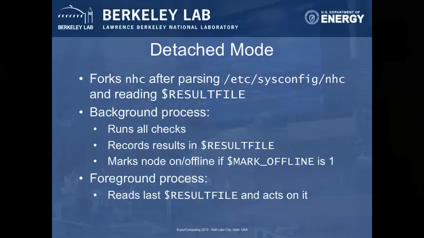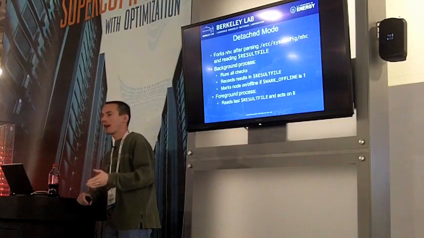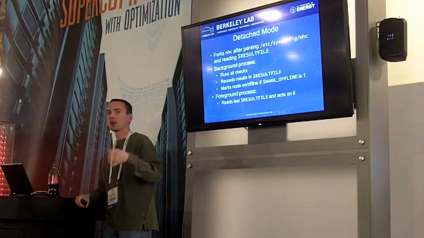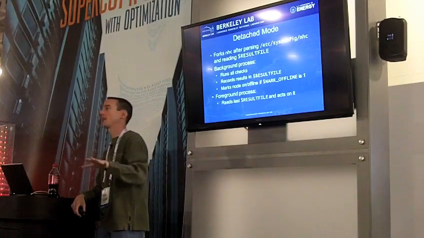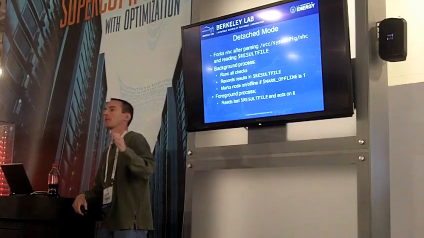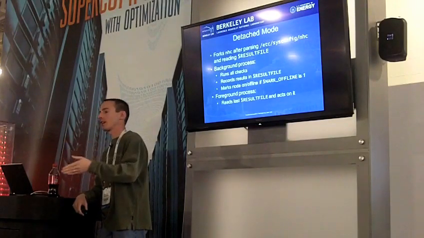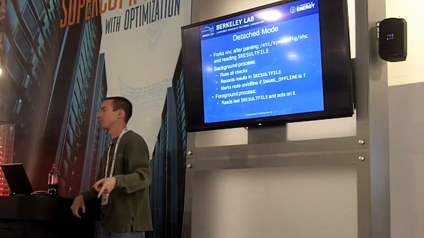There's one caveat with Detach Mode that I have to point out. If you have Node Health Check set up to run at job start and at job end, and only at those two times, keep in mind that the results that NHC returns are from the previous run.